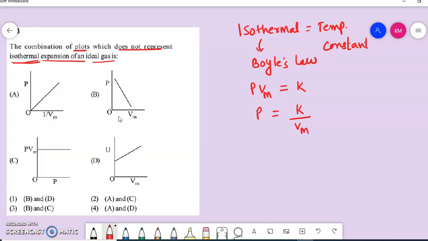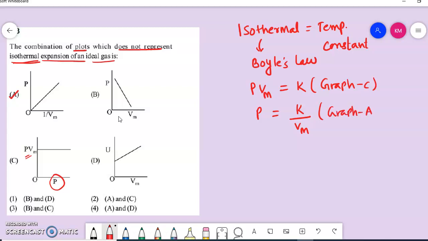PV is equal to constant, that you can see in graph C, guys. So howsoever the pressure is applied, PV is always constant. That indicates a straight line which is parallel to the x-axis. So C obeys. In graph A, it obeys the P is equal to K upon Vm equation, right?